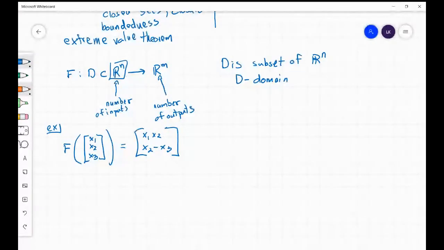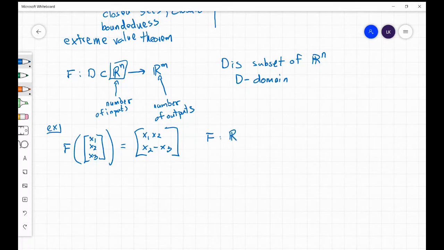So here's an example. So this is a function whose domain is what dimensional space? We have 3 inputs. Treat them like a single input, which is a vector in R3.